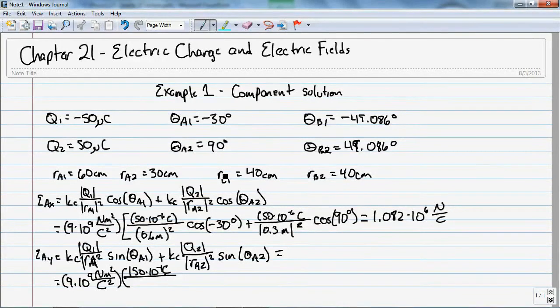And I have A1 is 0.6 meters squared, sine, and sine A1 is negative 30.